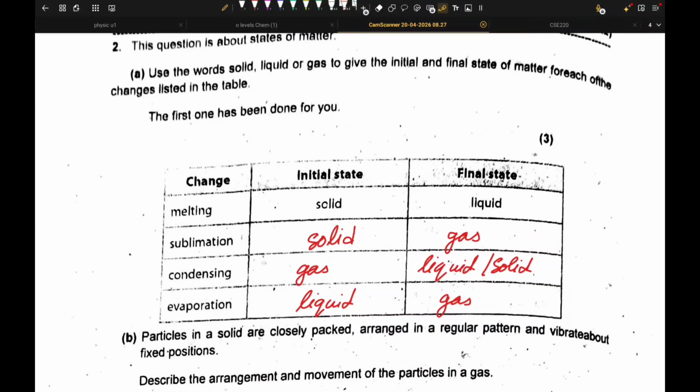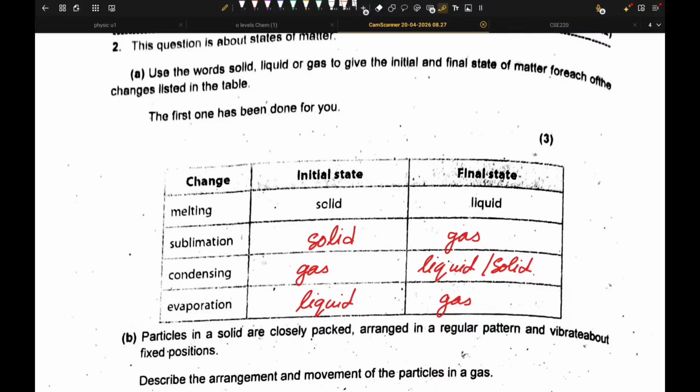In the next one, we have to state the initial and the final states of these changes. So for melting, they have already mentioned that it was solid and liquid. Now, if you look at the second option, which is sublimation, the sublimation process is from solid to gas.